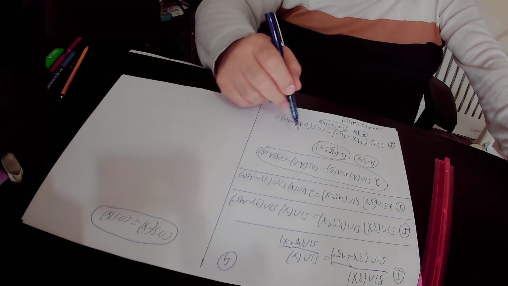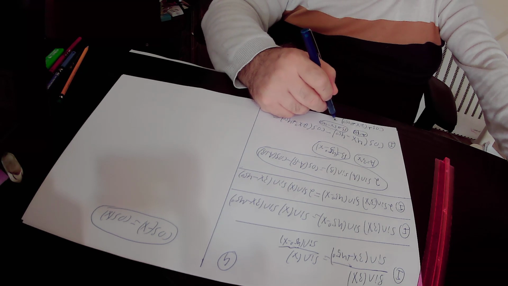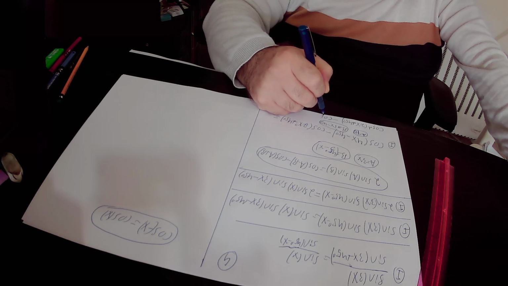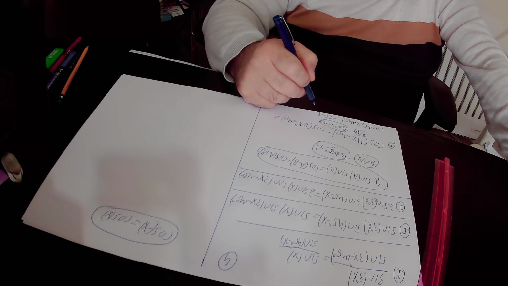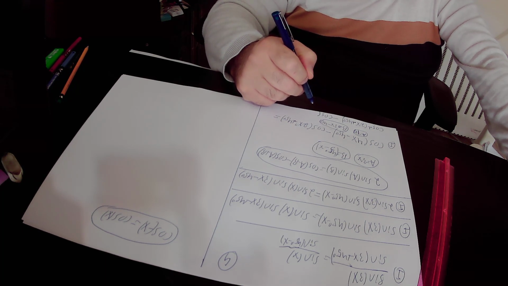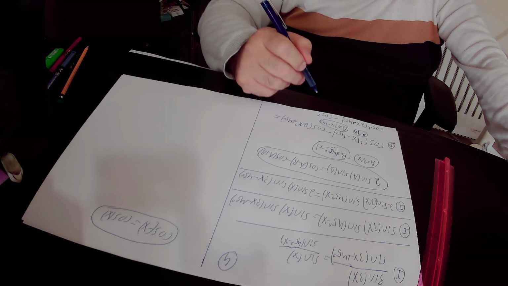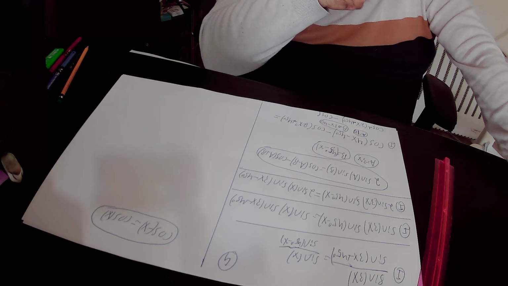And then we also have minus cosine a plus b. Minus cosine, a is x and b is 3x minus 45 degrees. So it is a plus b, yes?